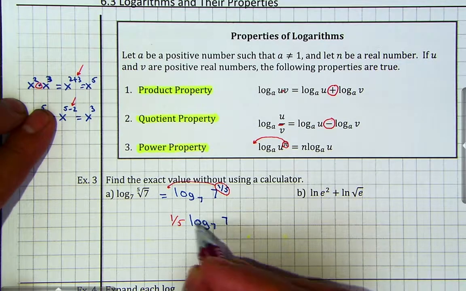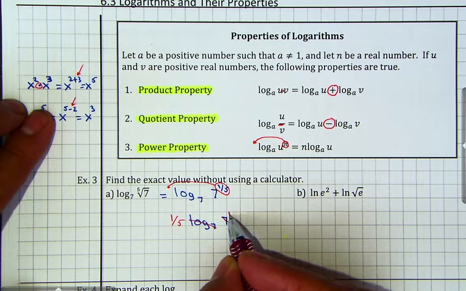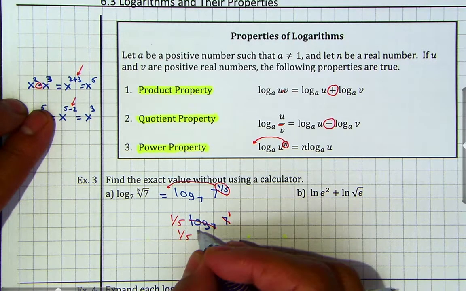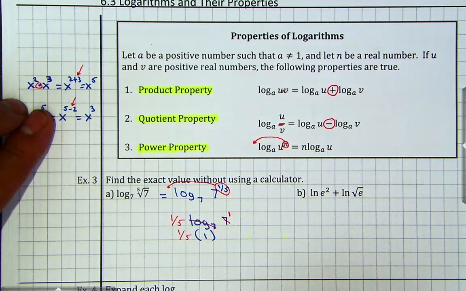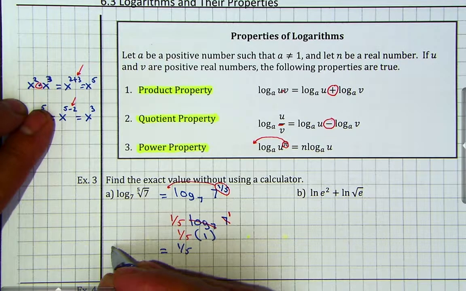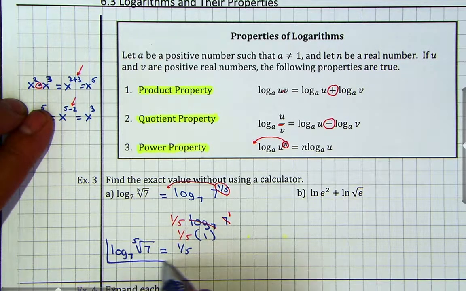Now, we know the log base 7 of 7 cancels each other, so it gives you the exponent, which is 1. So therefore, this is equal to 1/5. The log base 7 of the fifth root of 7 is equal to 1/5.